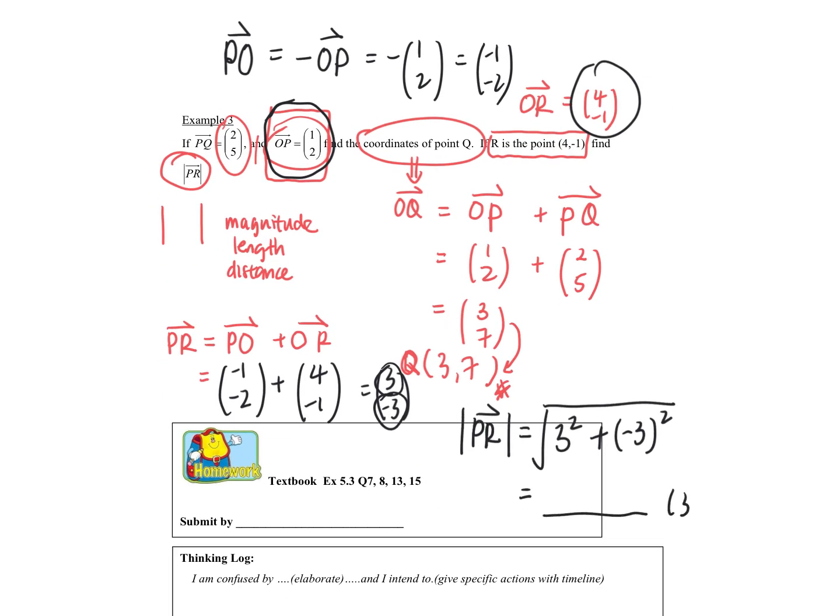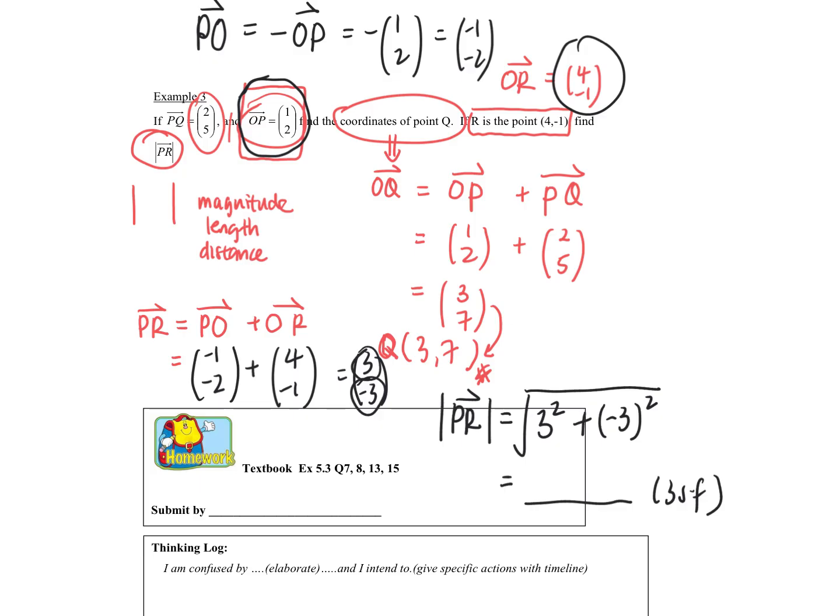What is the answer? What is square root 18? It's not 9. It's 3 square root 2.